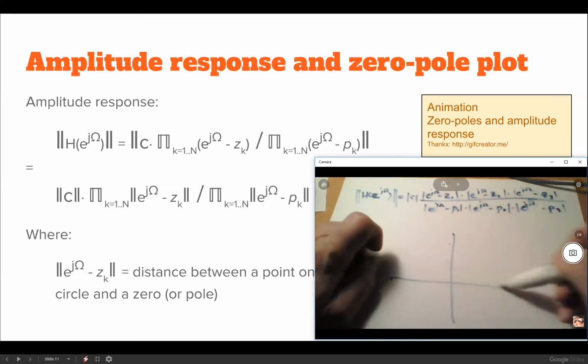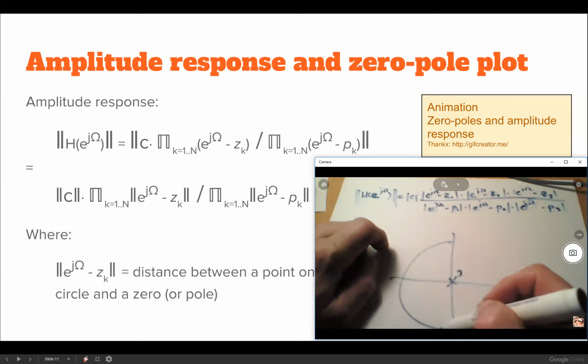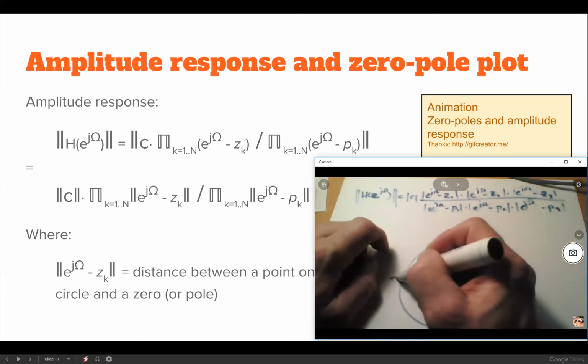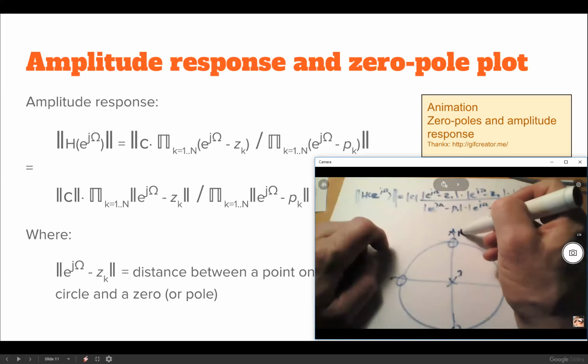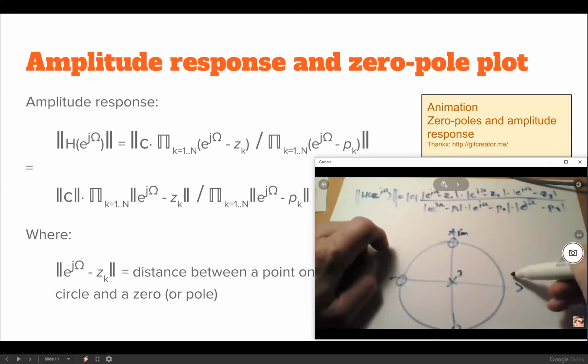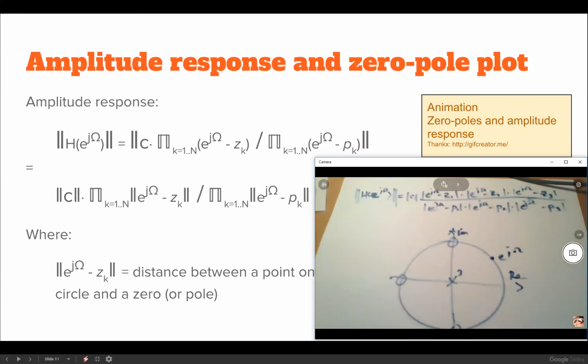And we have the zero pole plot, third order, and then we have the zeros here, imaginary axis and real axis, and we have the e to j omega point here. Okay.